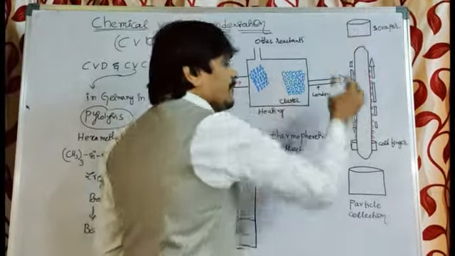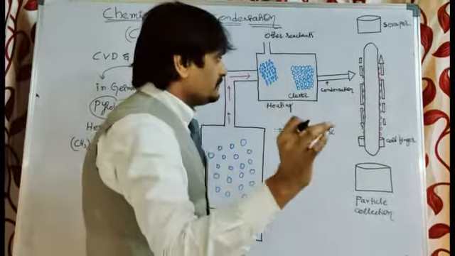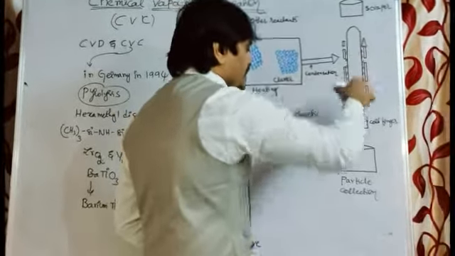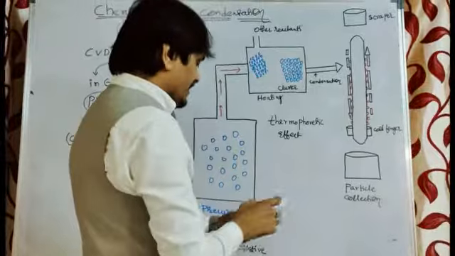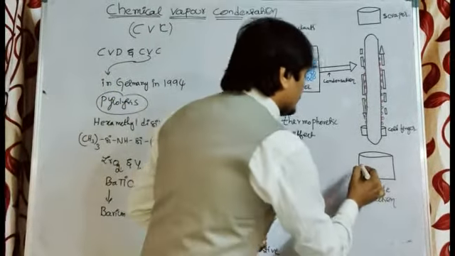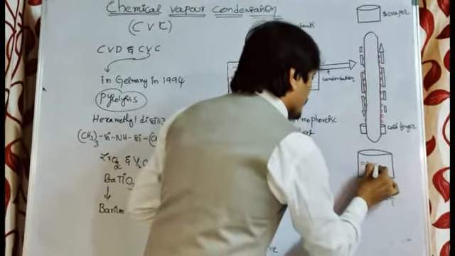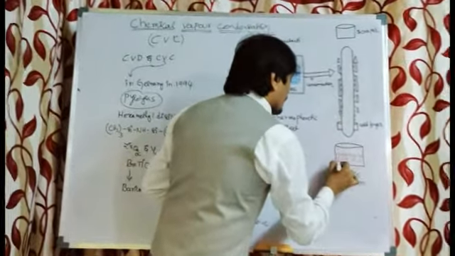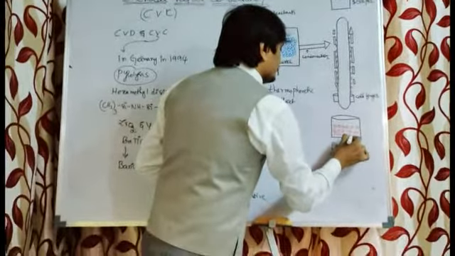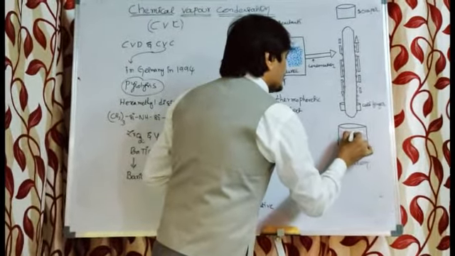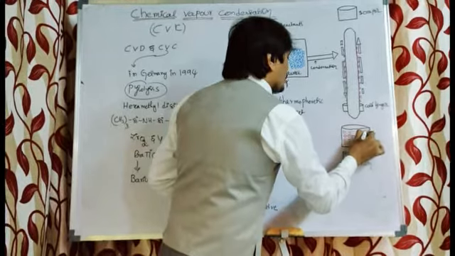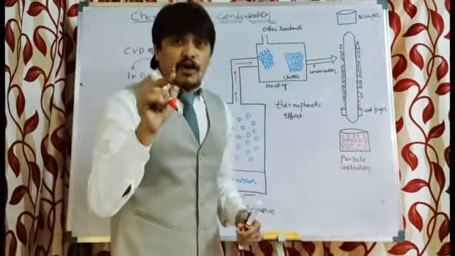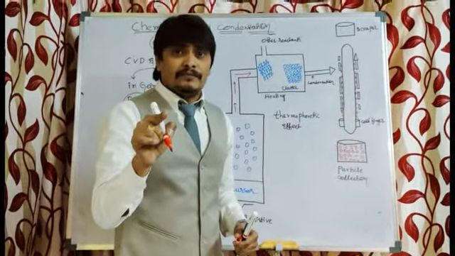This scraper will scrape the nanomaterials accumulated on the surface of the cold finger, and finally in the particle collection chamber we are going to collect either metal based nanomaterials or ceramic based nanomaterials or complex metal oxides such as barium titanate.